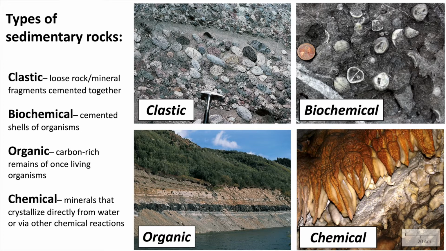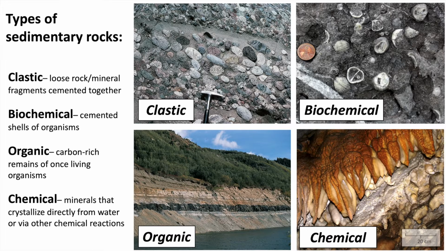And so in this lecture, we're going to be looking mostly at minerals that are forming in these chemical sedimentary rocks, because that's the main category of these 4 where you're getting new minerals forming.